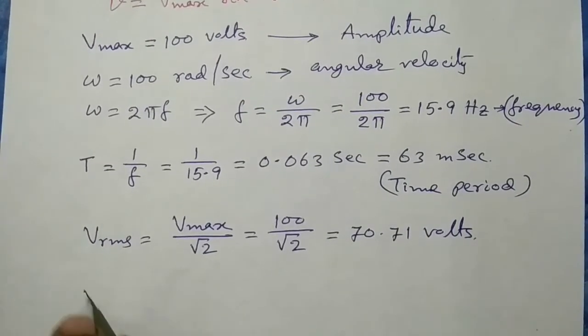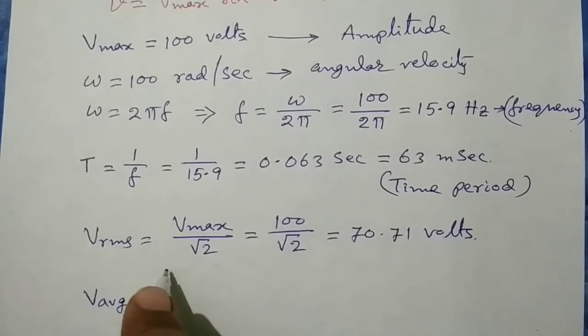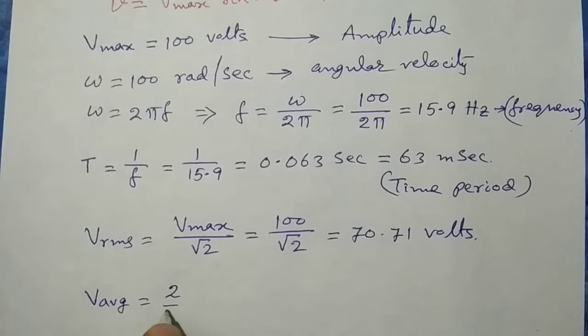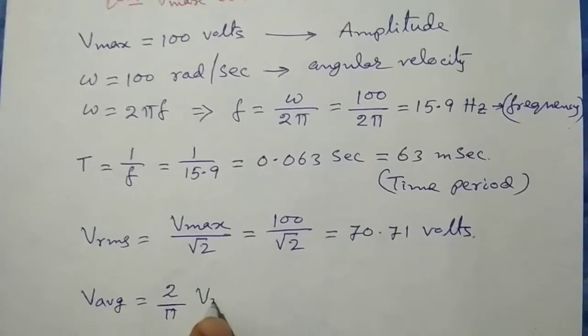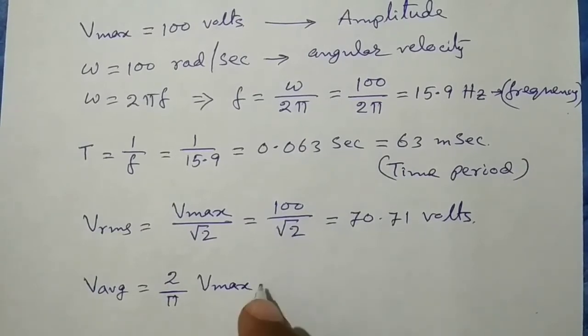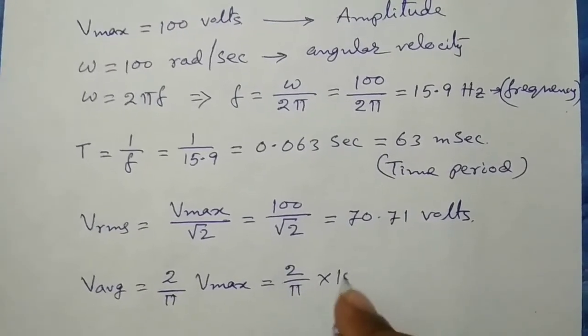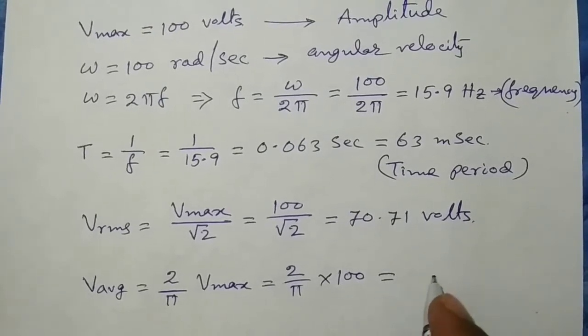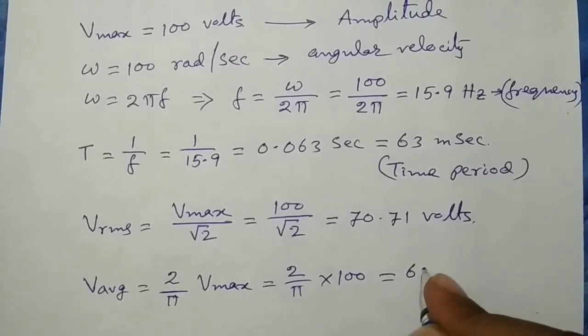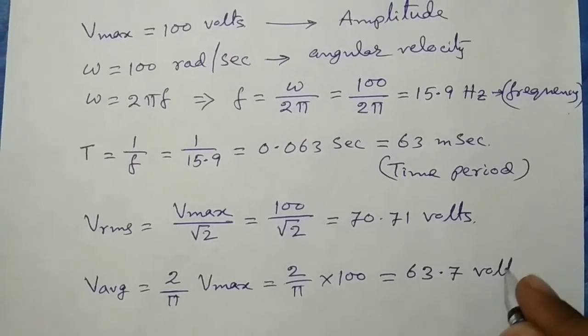Similarly, the average value of a purely sinusoidal waveform is given as 2 by pi of Vmax. This is the standard formula. So put the value of Vmax 100, and if you calculate it will be 63.7 volts.